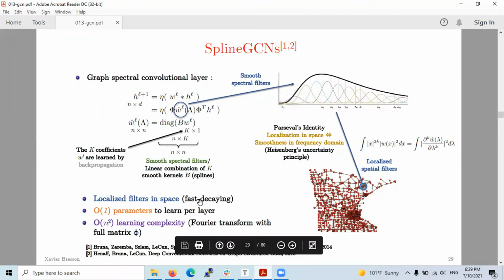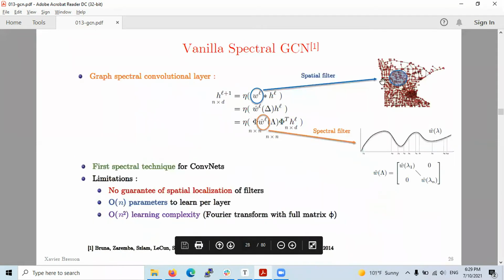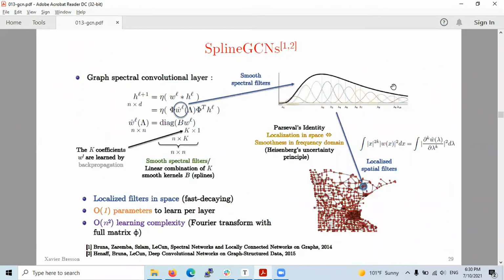Meaning they're fast decaying, pretty localized or sharply defined in the time domain. So it's not a very large filter as we have seen over here. Relatively, this one is a large filter in space, while here this is a smaller one covering a smaller number of nodes.